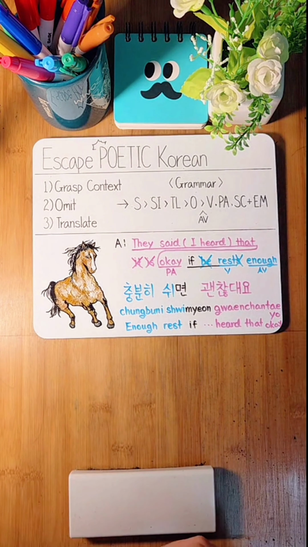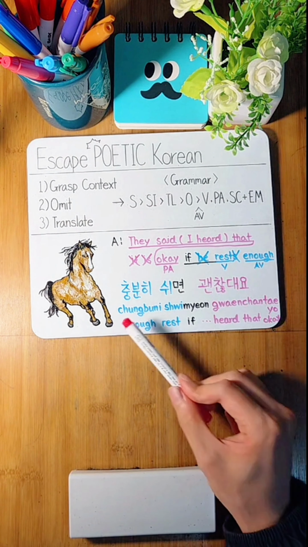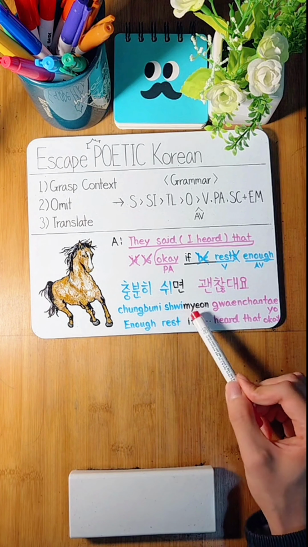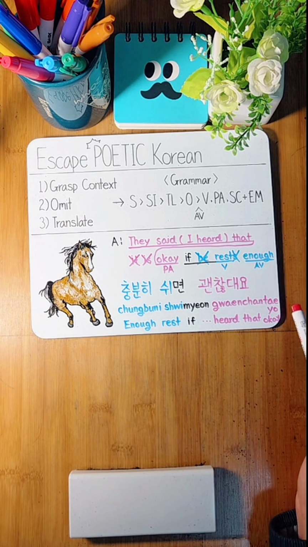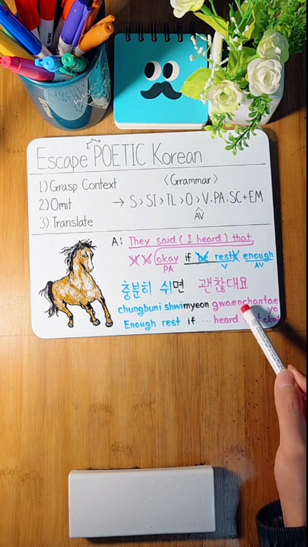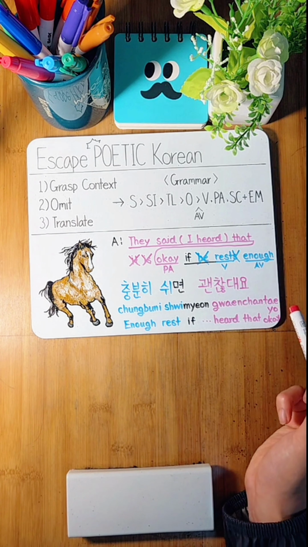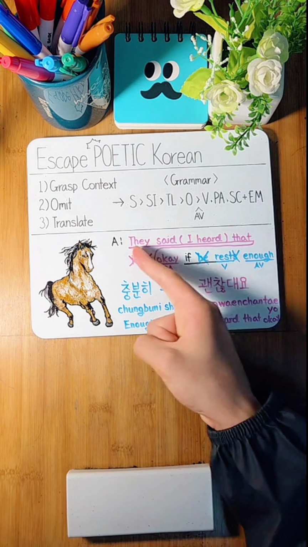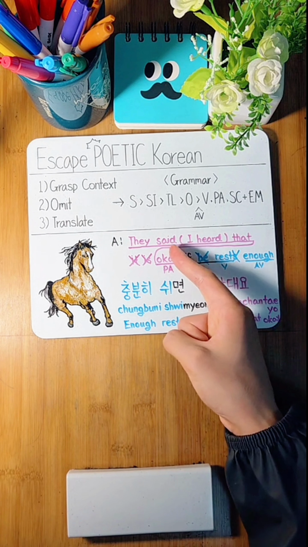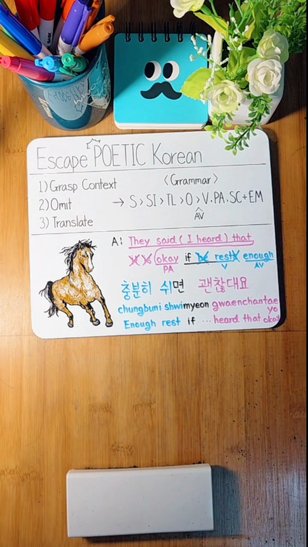So now we have the full 문장. So I will read it 천천히, exactly. 충분히 쉬면 괜찮대요. 충분히 쉬면 괜찮대요. Okay, so they said, or I was told, I heard that it is okay if he rests enough.